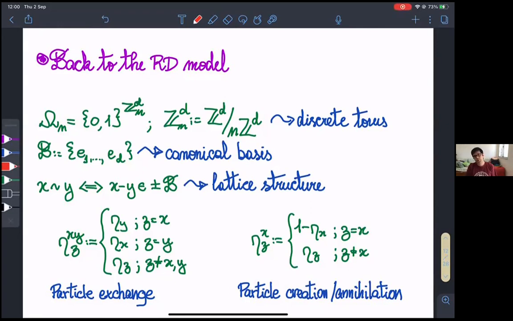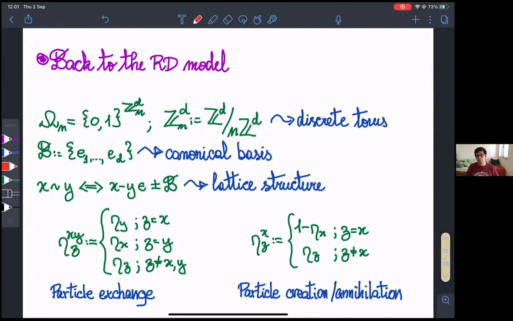Let's keep introducing a little bit of notation because we're going to need to define the generator and the carré du champ. The exchange of particles, these jumps of particles between neighbor sites, are encoded into this transformation, the transformation eta^{xy}.